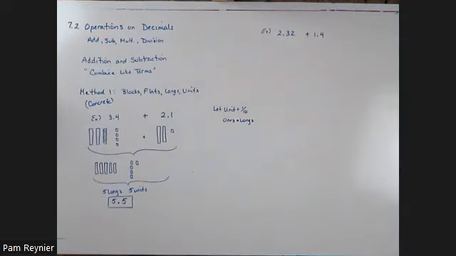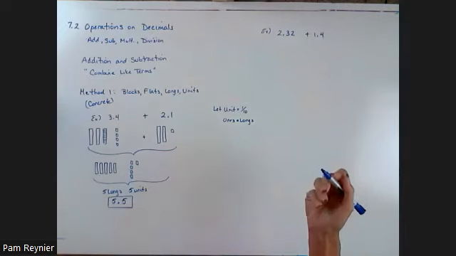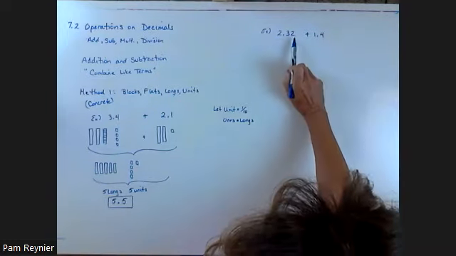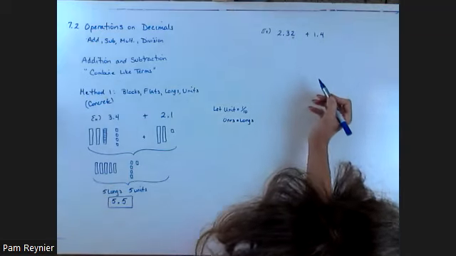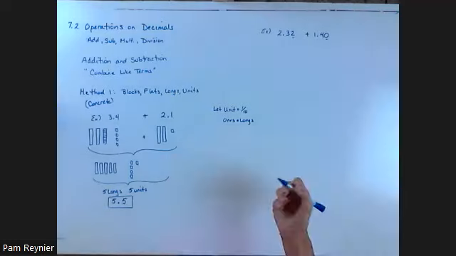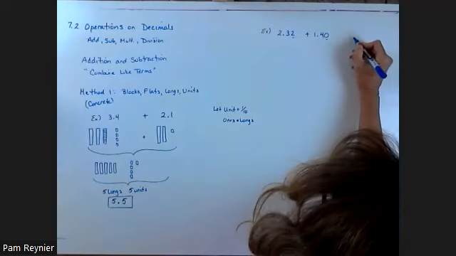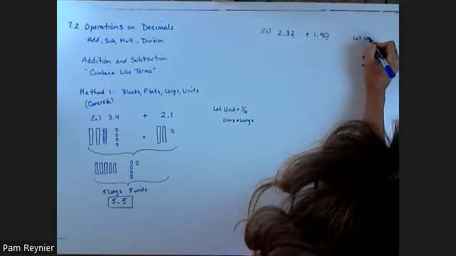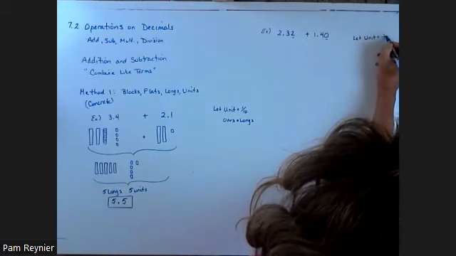So 2 32/100 added with 1 4/10. Again, start with the smallest unit of measure. Here I go out to the hundredths place. Here, of course, I could always put a 0 in that place, and I'm at the hundredths place. So the smallest unit of measure is 1/100.